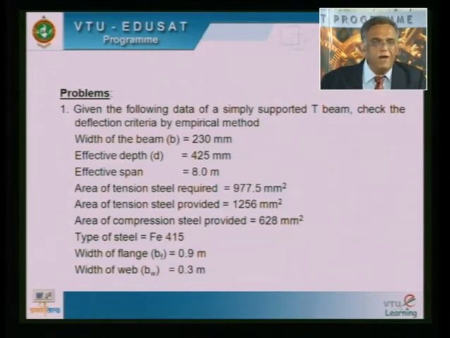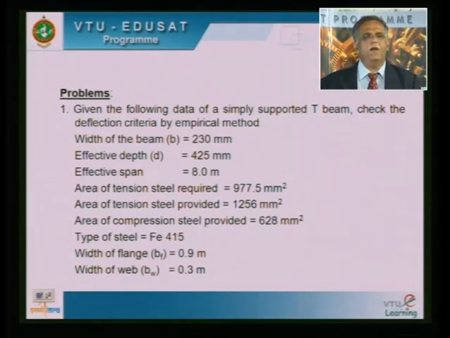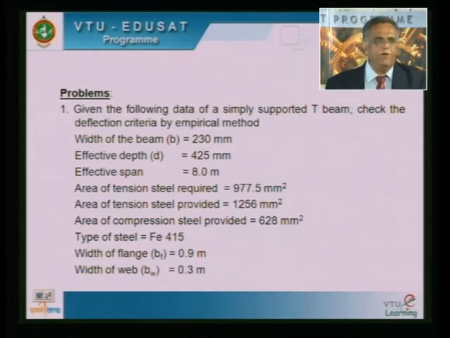Area of tension steel provided. Required is 977.5 mm square. Area of tension steel provided equal to 1256 mm square. Area of compression steel provided 628 mm square. Type of steel Fe415.